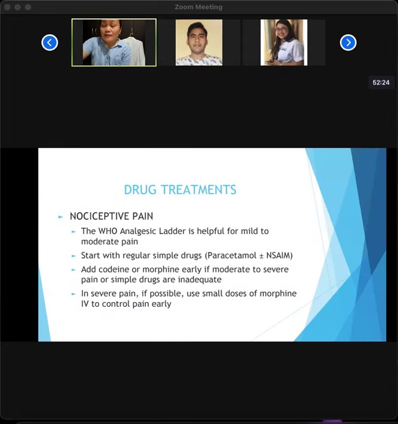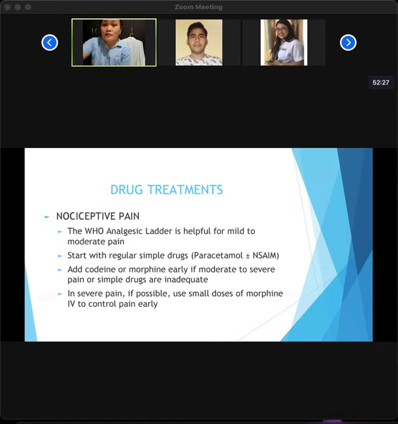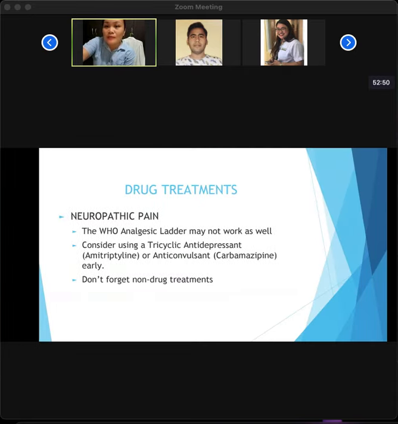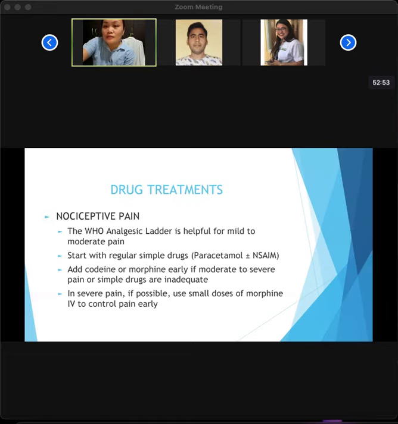So now for the drug treatment of pain, for nociceptive pain, according to the WHO analgesic ladder, this ladder is very helpful for mild to moderate pain. I will show the WHO analgesic ladder later. So you should start from regular simple drugs and then go up.